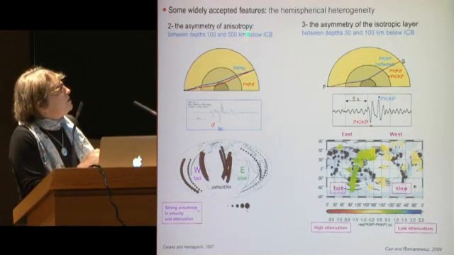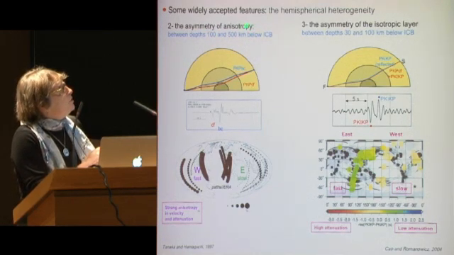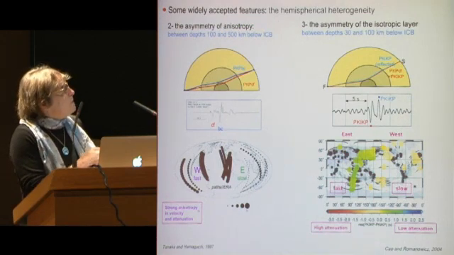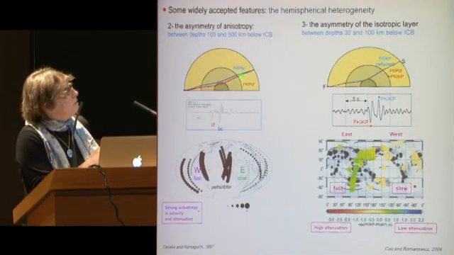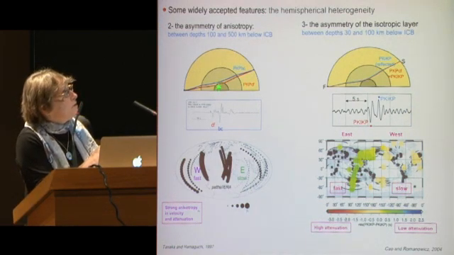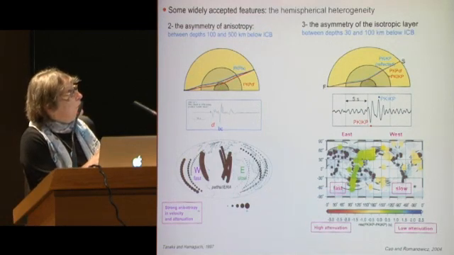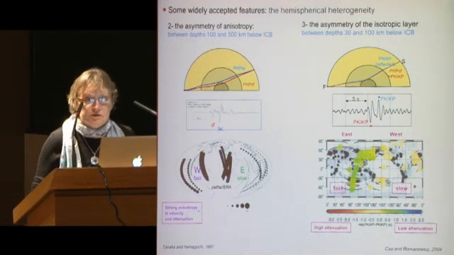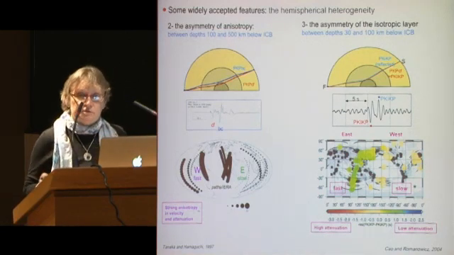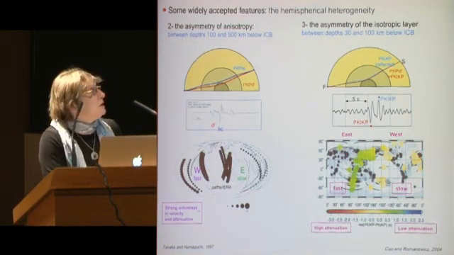This asymmetry is seen in the domain of anisotropy, which is studied thanks to the differential travel times and amplification of these two waves, PKPdf, which has its turning point in the solid inner core, and PKPbc, which is a reference phase because it has its turning point in the liquid core, which, as I told you, is homogeneous.